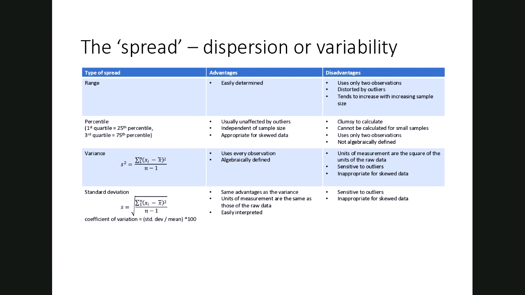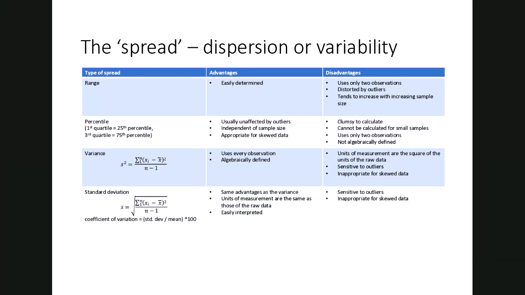The variance is basically the average of the squared differences from the mean. You can see x bar is the mean, and you take the difference and then get the average of that.